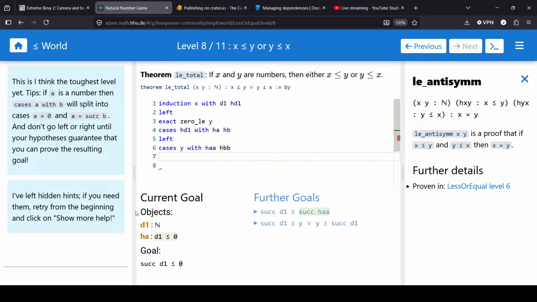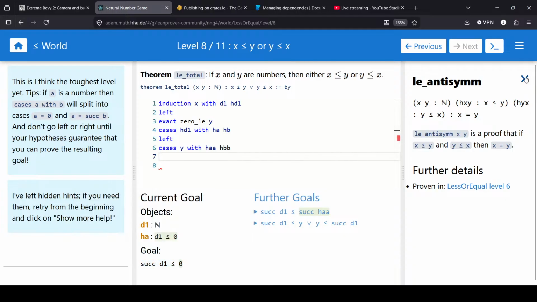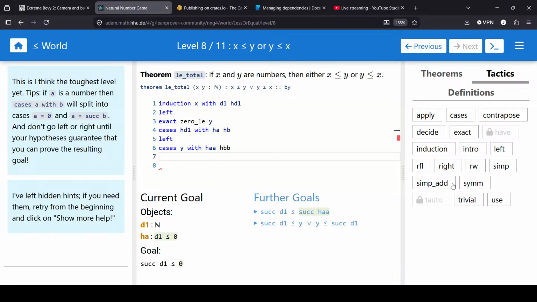Well, I know that this can't be the case. I can never prove this. Is there a way to just say, hey, reject that goal because it's stupid? There is a way to do that, right? I think we had a like. I feel like there was a thing that we were able to do that.